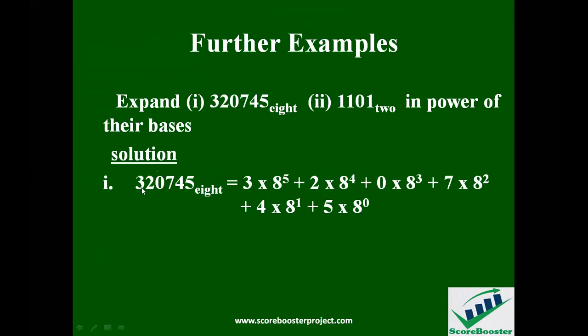Now you pick the first number here. Don't forget you've already highlighted it 0, 1, 2, 3, 4, 5. You always start from 0, and you start from the right hand side, which is from here. So now it's going to be 3 times 8, because we are having base 8, 8 raised to power 5, because the number you are having on top is 5.